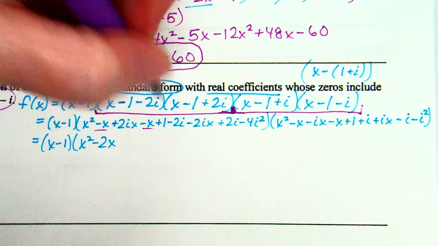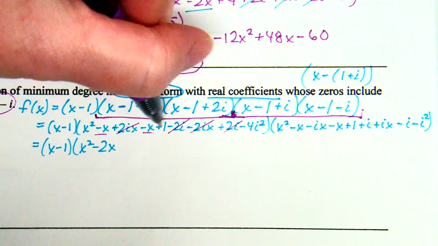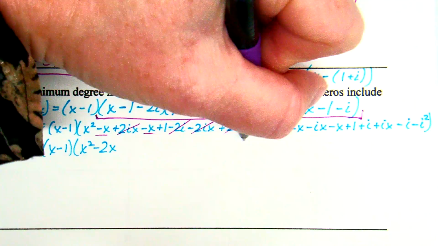Plus 2ix cancels with minus 2ix. While I'm at that, minus 2i cancels with plus 2i. All of your regular i's should be canceling. And now I have a plus 1 and a minus 4i squared. What do you know about minus 4i squared? It's plus 4. So plus 1 and plus 4 becomes plus 5.